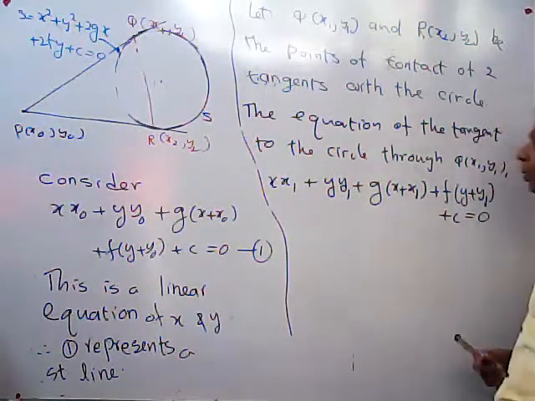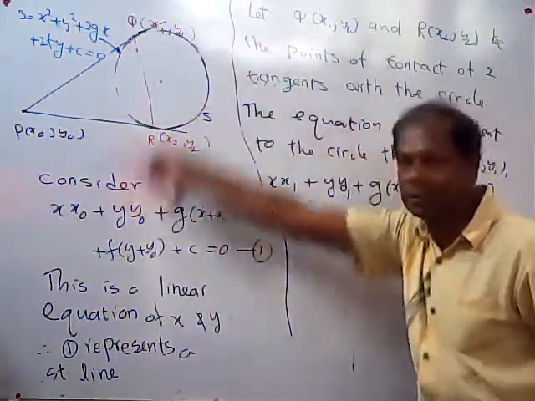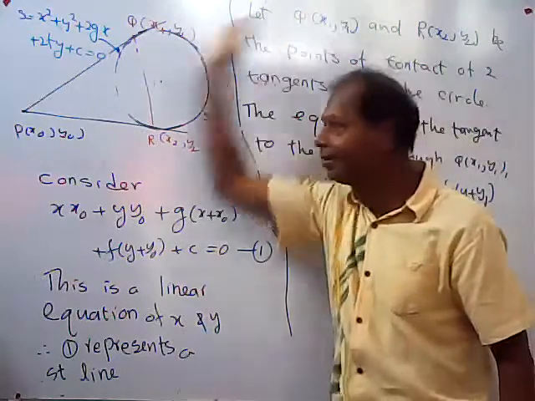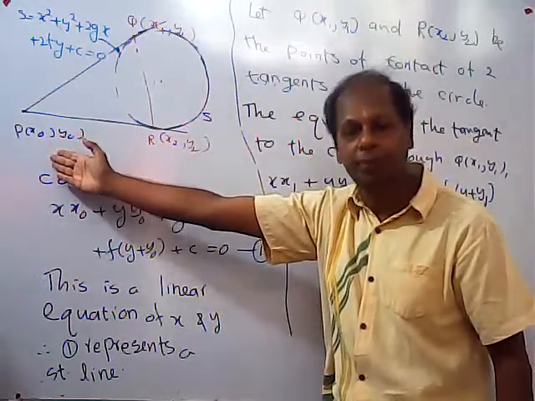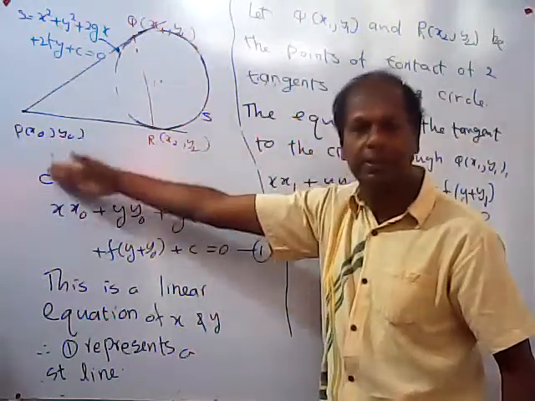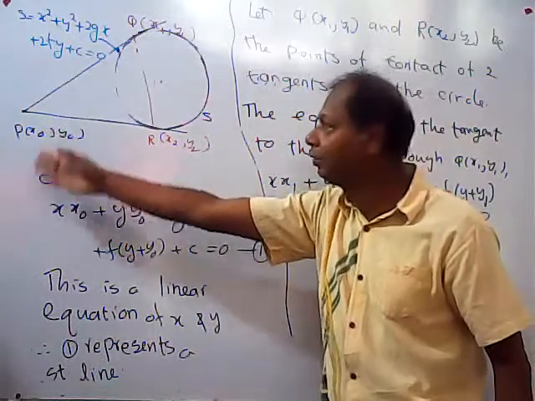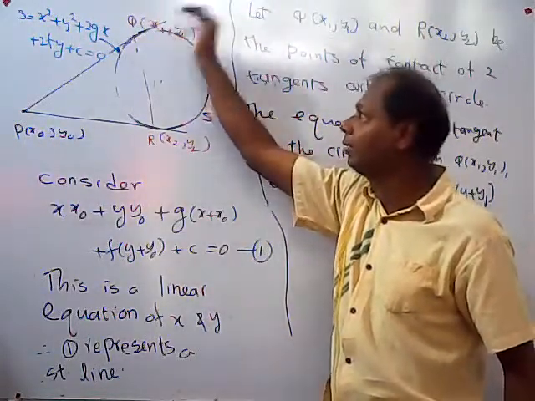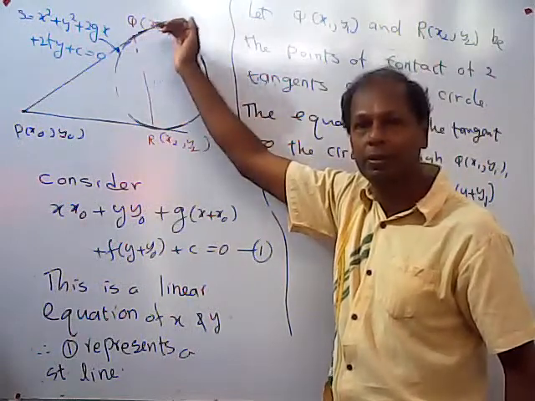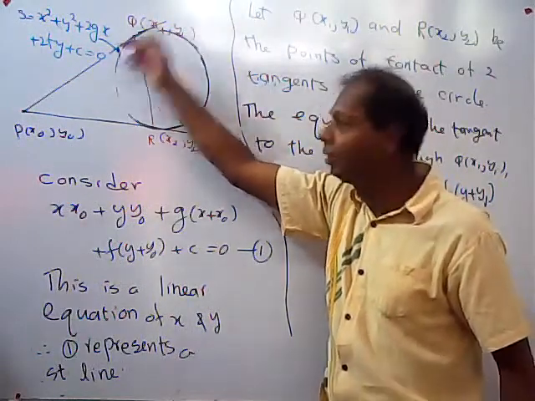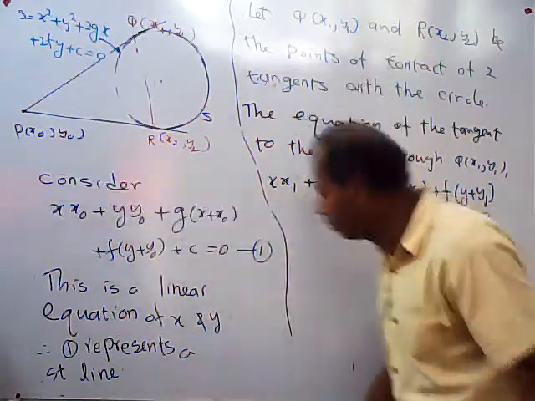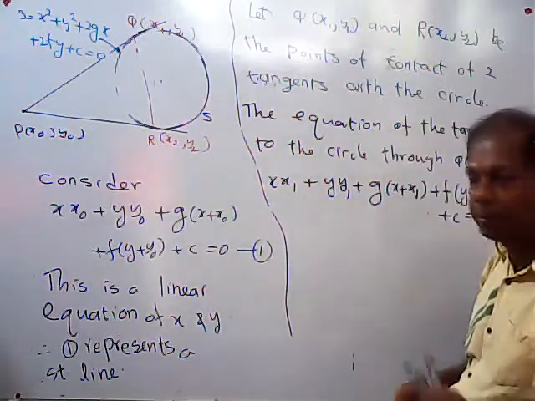So this is the equation of the tangent, right? And we know for sure that this tangent passes through the point P, because it is the tangent we drew from the point P to the circle, right? Now we wrote the equation of this tangent from the point Q to the circle, so it definitely passes through the point P, right? So this should pass through the point P.